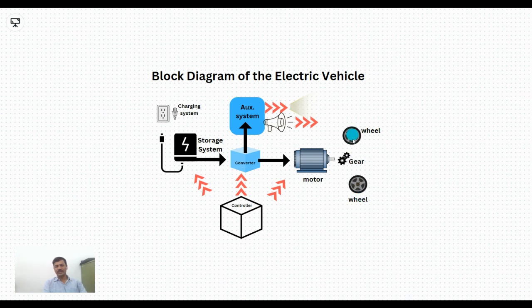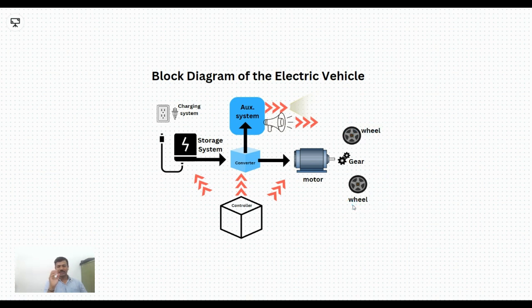So here the wheels are there, which are generally connected with the gear. That is what we say as the mechanical powertrain system, and the gear is connected to the motor. Okay, so depending on the vehicle speed requirement, depending on the initial torque requirement, or depending on the driving cycle of your electric vehicle, the gear system and the wheels are being selected.